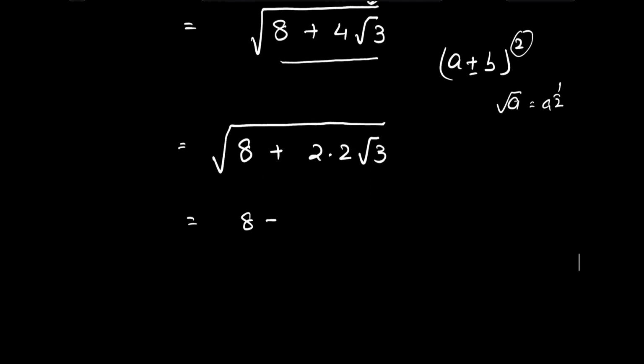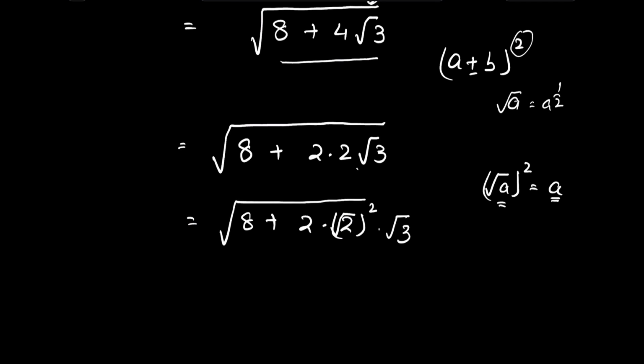Here we can write 2 as square root of 2 square, because if a is under square root and you square it, it is equal to a. So we can write 2 as square root of 2 square, then times square root of 3 under square root.